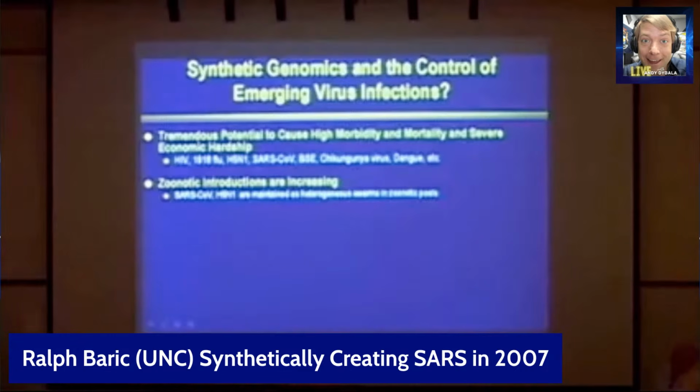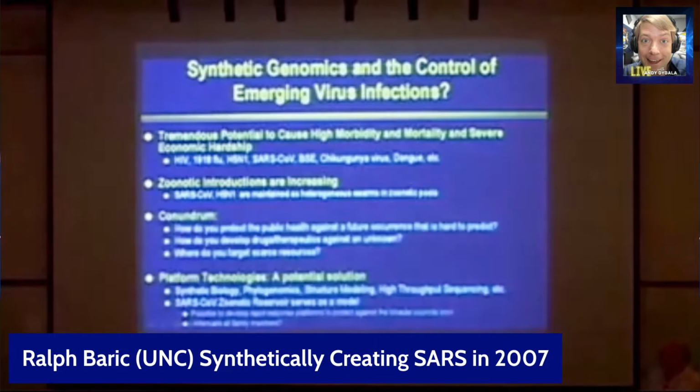Now, it's clear that zoonotic introductions are increasing, and a large number of these viruses have large reservoir pools of animal strains like SARS and H5 that are maintained as sort of heterogeneous swarms of pools of viruses, of which some one may actually emerge in the future to cause epidemic disease in humans.